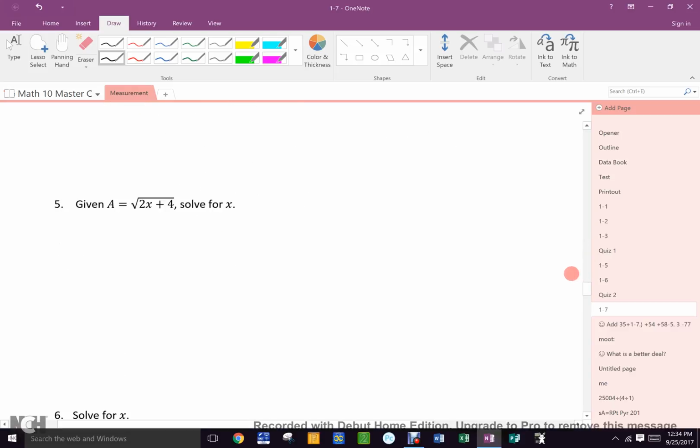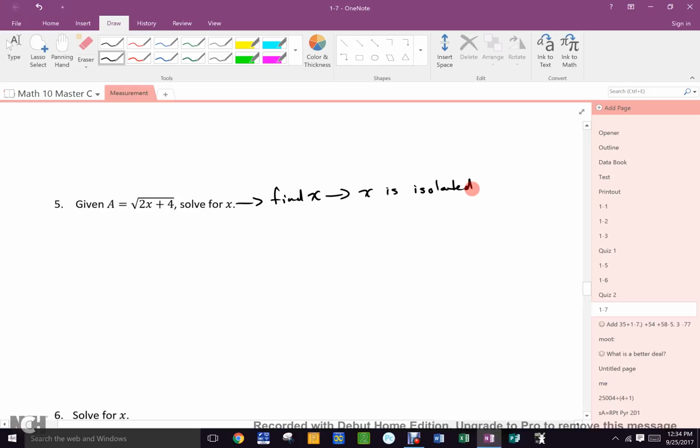What's weird about 5? It's got 2 variables. And what don't I have? I have no numbers, do I? What does solve for x mean? Find x, which means x has to be what? Find x, which means x is isolated.